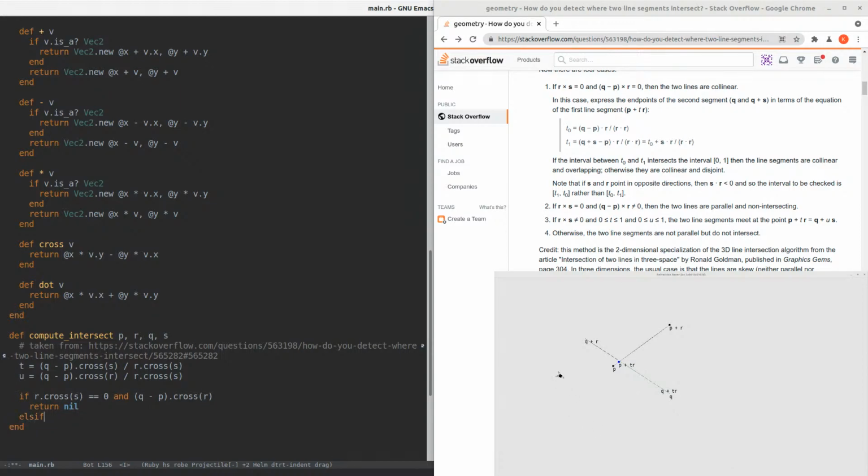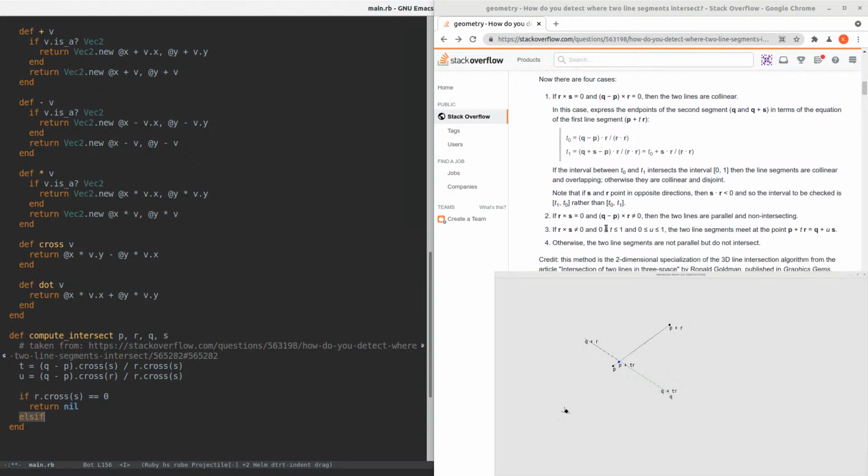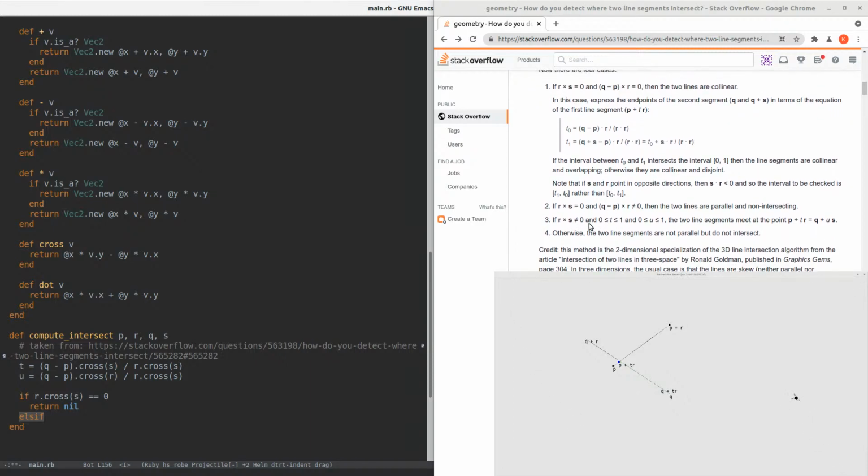Else if, what condition are we looking at now? Actually, I think in our case, we can simplify this down to: if r cross s is 0, we will return nil. So that combines case 1 and case 2 here. Case 3 is the interesting one.